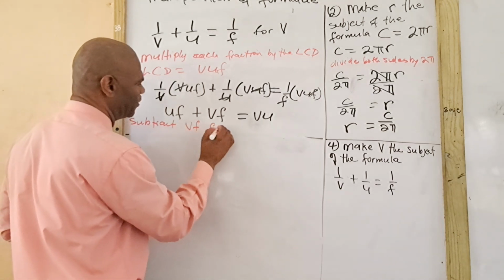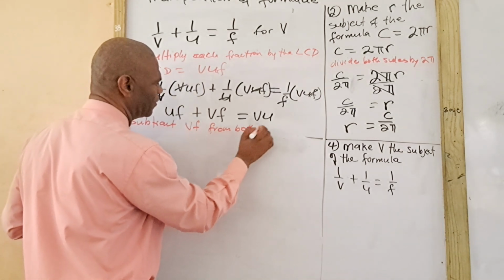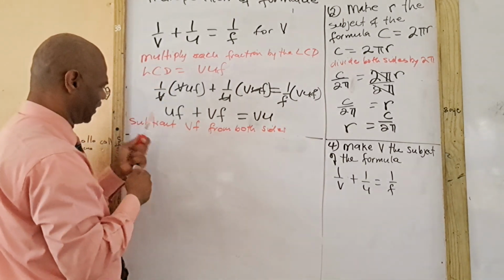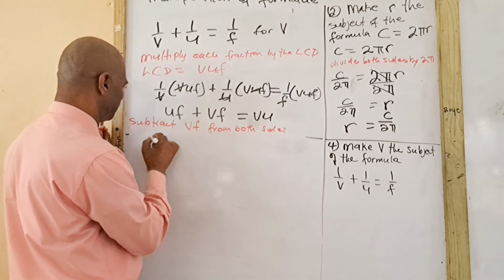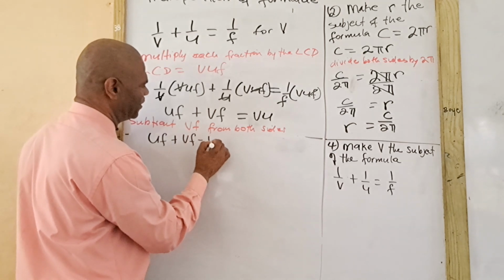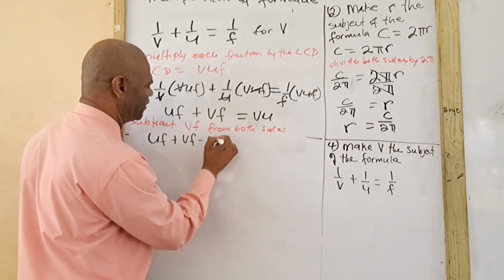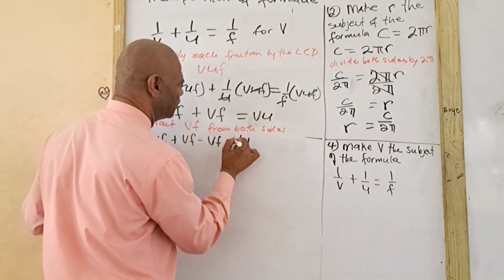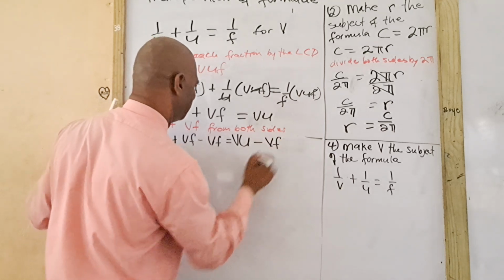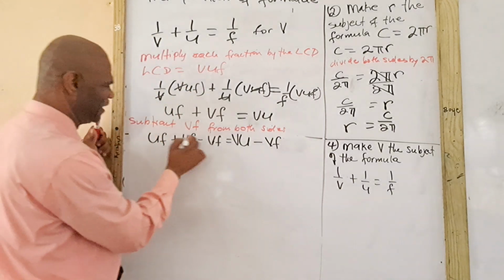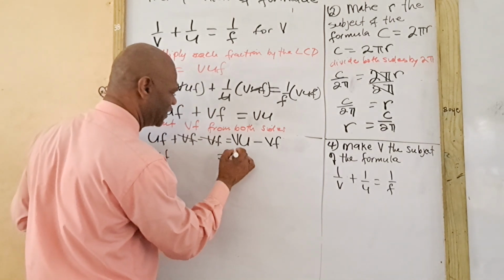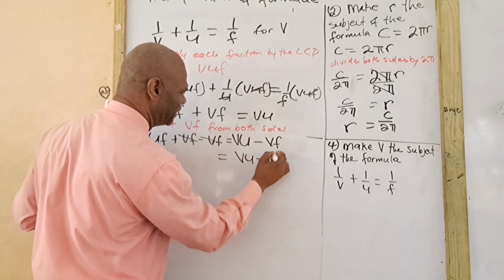So if I do that, I now have UF plus VF minus VF equals VU minus VF. The VF's cancel here, so I'm left with UF equals VU minus VF.